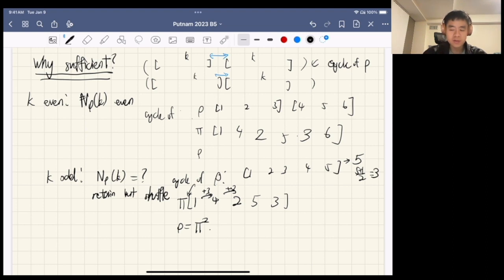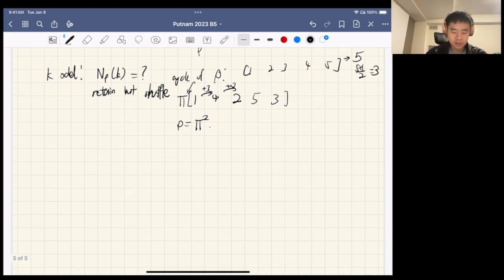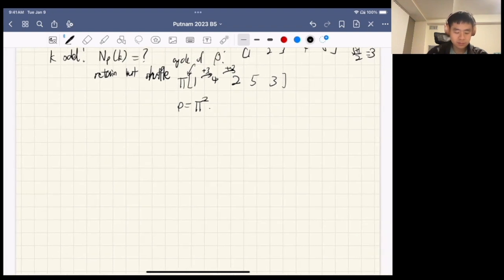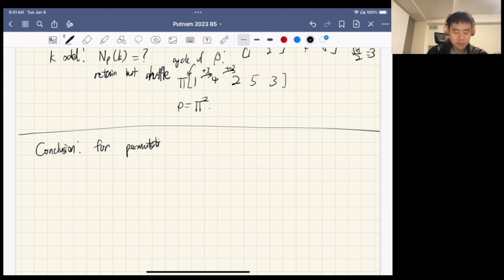So this gives the conclusion that for a permutation rho, there exists pi such that rho equals pi squared if and only if for all even k, the number of cycles of length k in rho is even.